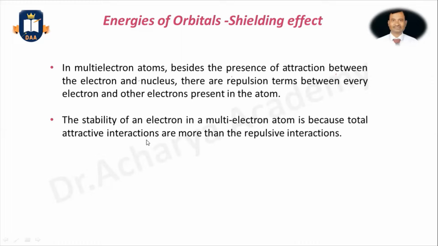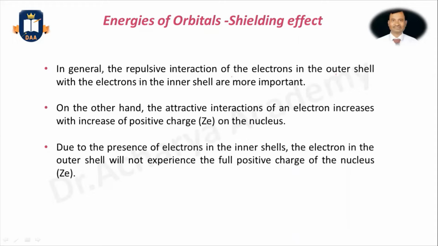The attractive interaction between the electron and nucleus is more than the repulsive interaction among the electrons. So in general, the repulsive interactions of the electrons in the outer shells with the electrons in the inner shells are more important.